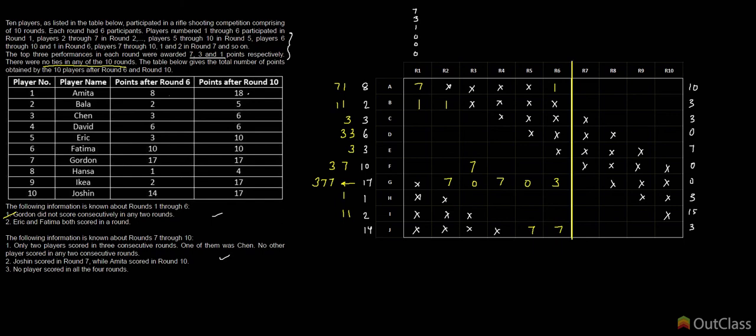Now, we found all the 7's. Let's see what else is missing. We need to place the 1's. So these two 1's, you cannot place a 1 here because it's already a 1 above. So you will have to keep that as a blank.